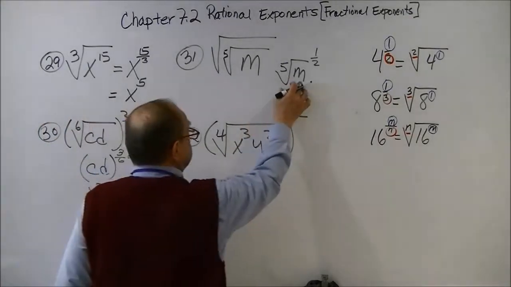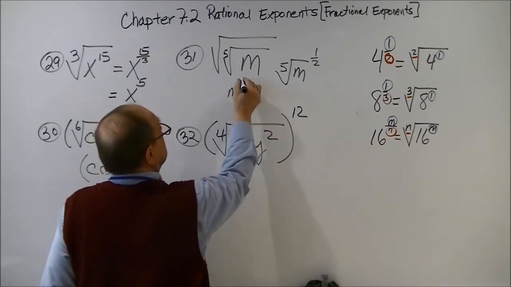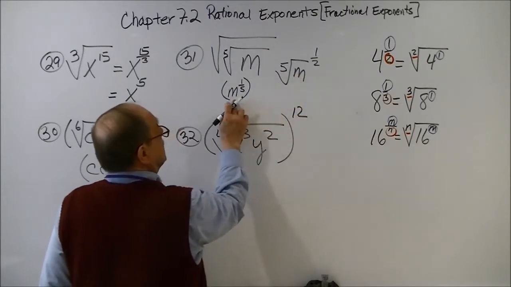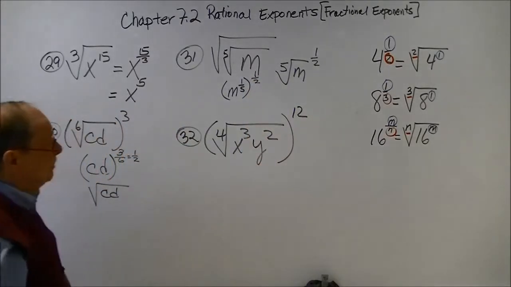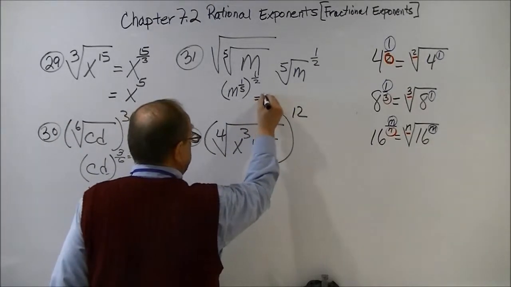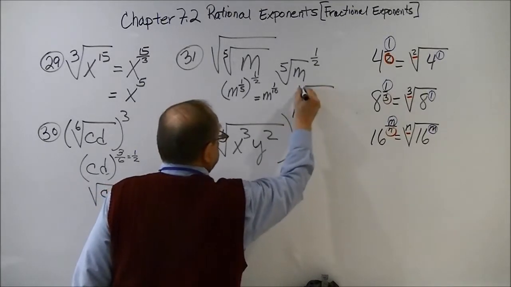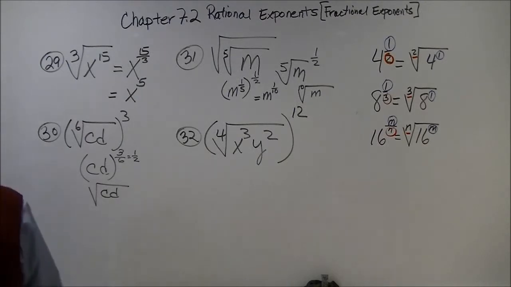So if I put this inside a parenthesis, this becomes m to the 1/5, converting this to its fractional exponent form, raised to the 1/2. So now this becomes m to the 1/10, or the 10th root of m. So I thought that was sort of interesting here, how they did that.